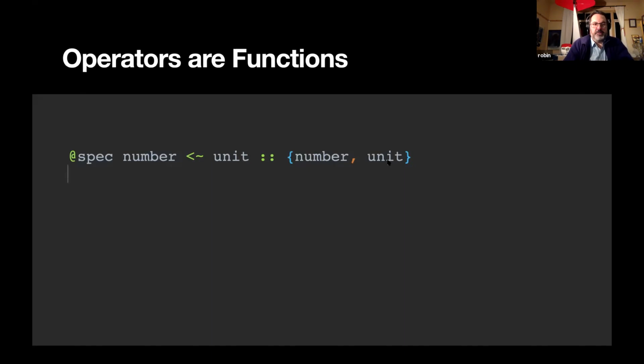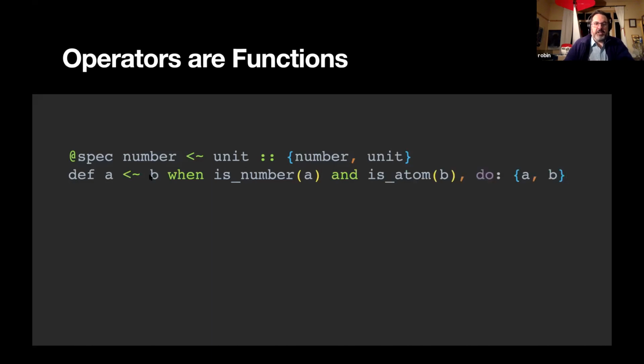And to implement it, you don't write the bracket syntax. You actually just write the operator as it would be. We just say a wiggle b, and then the rest of it is exactly like a normal function in Elixir. Okay. So if A is a number and B is an atom, we're just going to build ourselves one of these little tuples to represent that value.